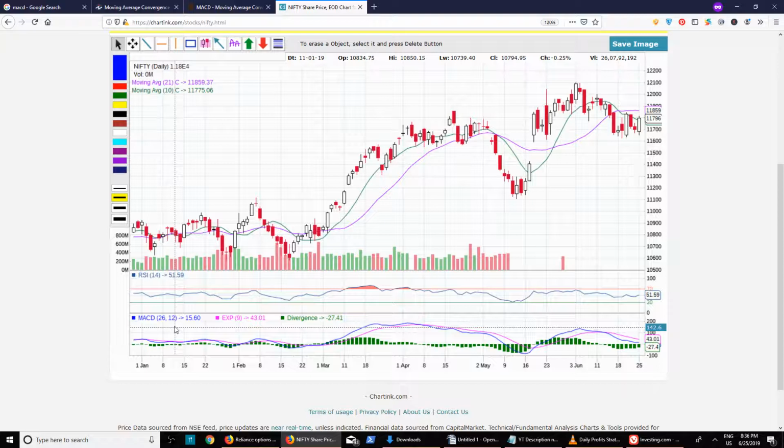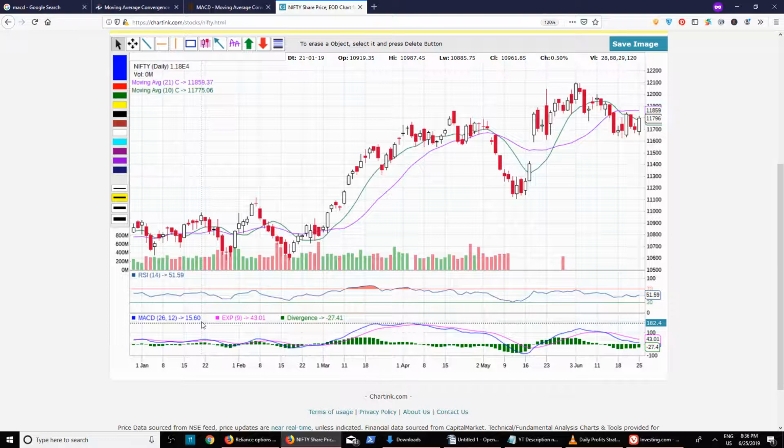First one, the MACD line, moving average convergence divergence. The MACD line is calculated by finding a number. One value of this MACD line is actually 15.60.